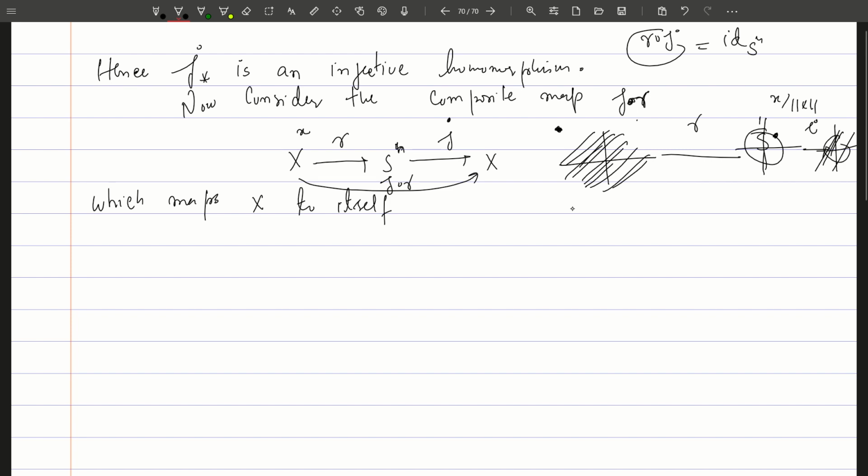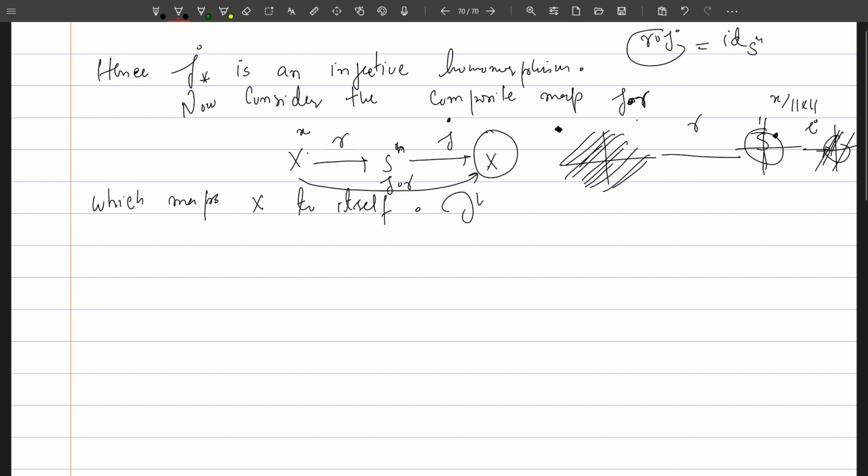So this is a map from X to X, which takes all points x and maps them to the elements of Sn already present in this space. But this map is not the identity map.